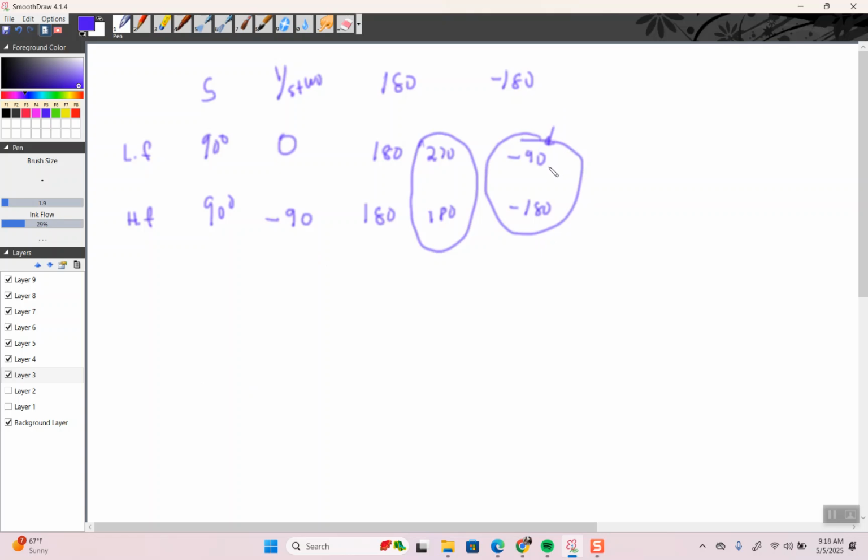But I guess the quick thing, right, is if you look at the phase and it starts at 0, or ends at 0, right? So the low pass is 0 to minus 90. The high pass is 90 down to 0. I'll just put high pass, low pass, right? If you start or end at 0, it's non-inverting.